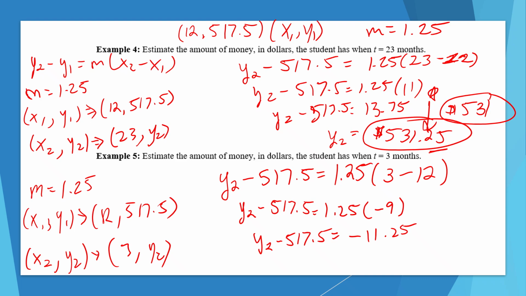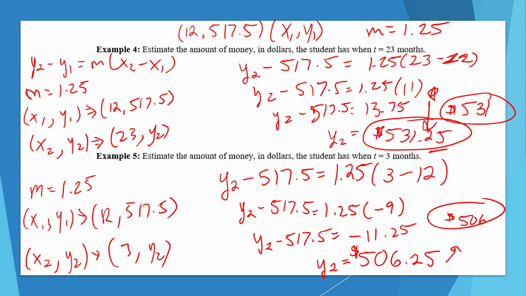Then I'm going to add 517.5 to both sides to get y2 equals $506.25. And then here, if I wanted to, I could round to 506 or the nearest unit, but at least I kept this in my work, so that should be good for example number 5.